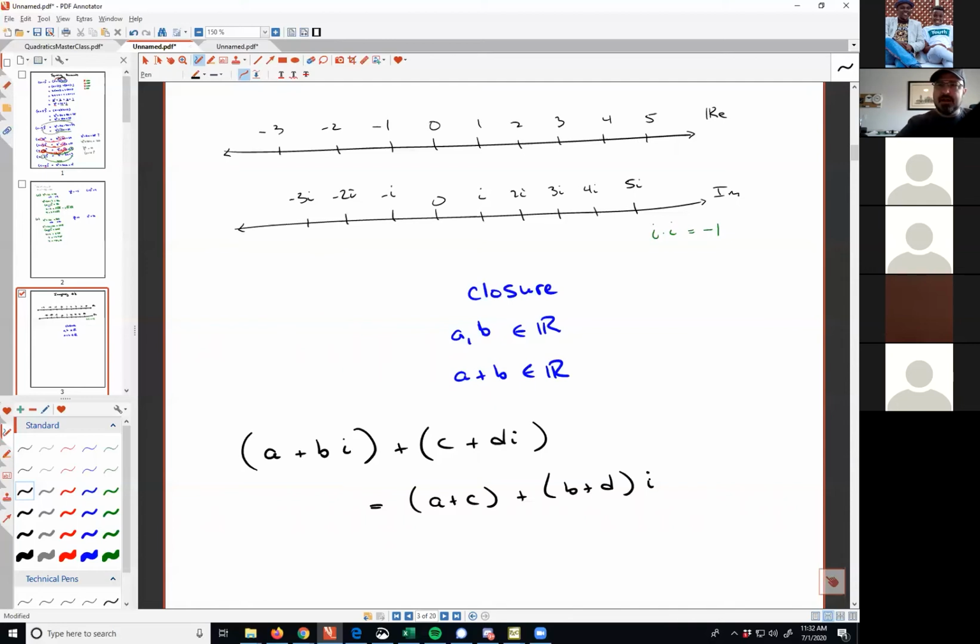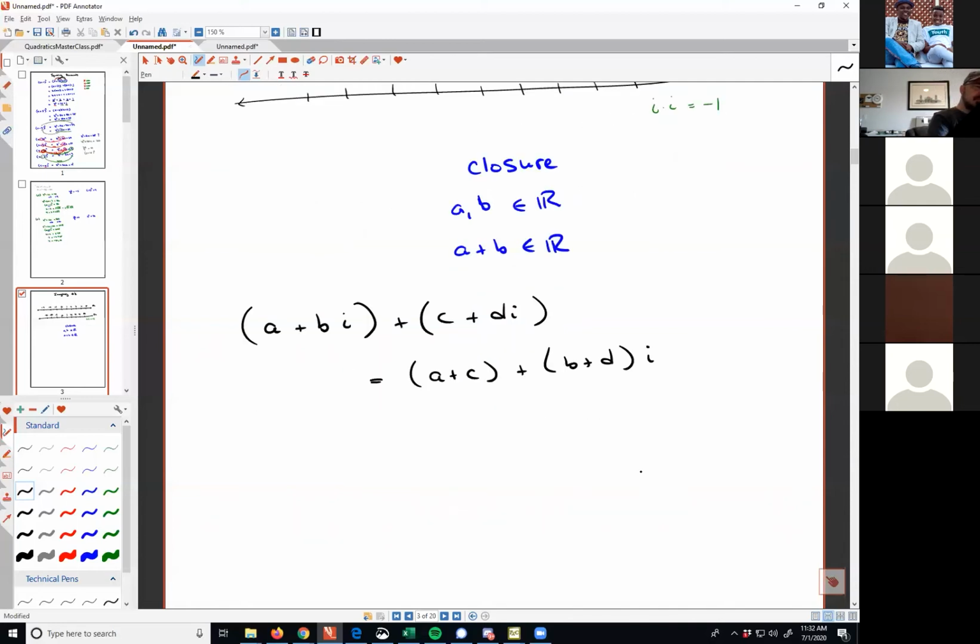Can we multiply complex numbers? Yes. And i squared would become negative 1.